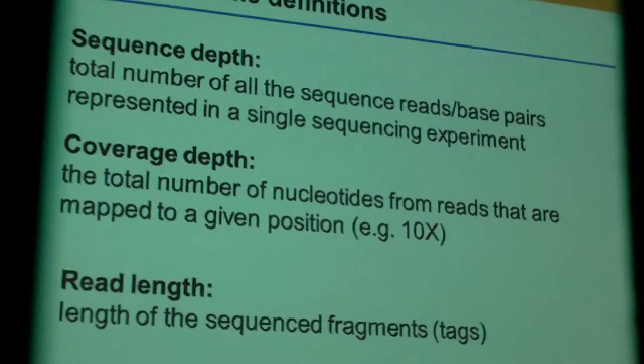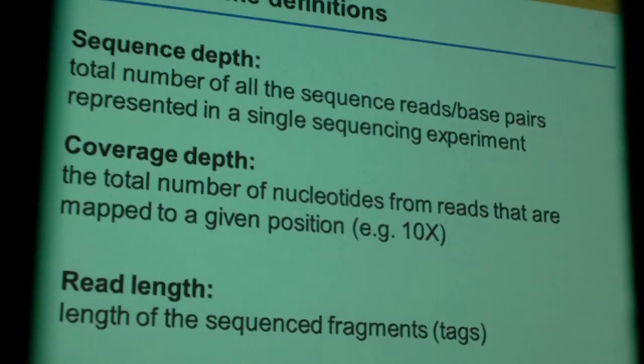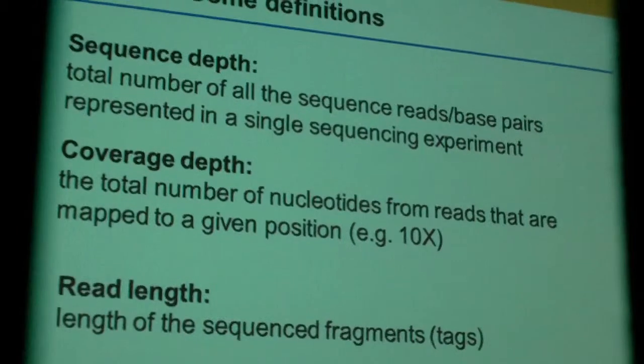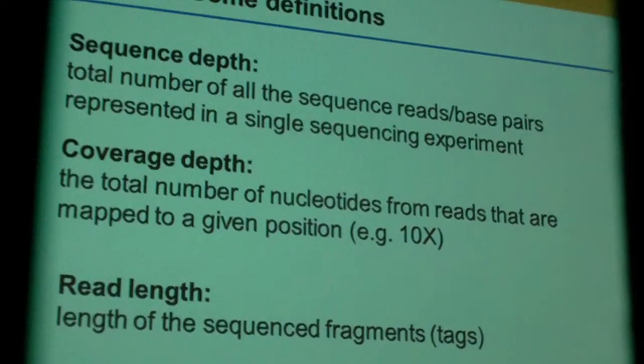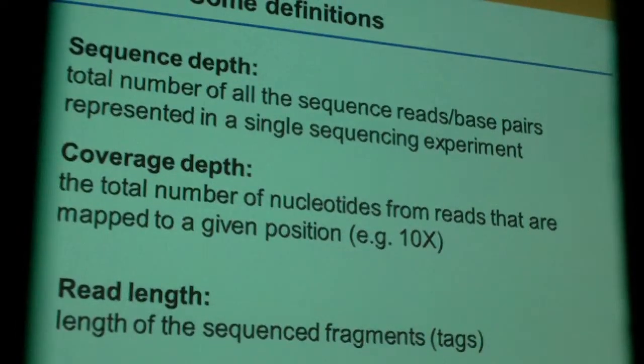I won't go to the detail. Very important with this kind of techniques are 3 different ways of looking at that. You have sequence depth, coverage depth, and read length. Sequence depth means the total number of all the sequence reads, base pairs, represented in a single sequencing experiment.